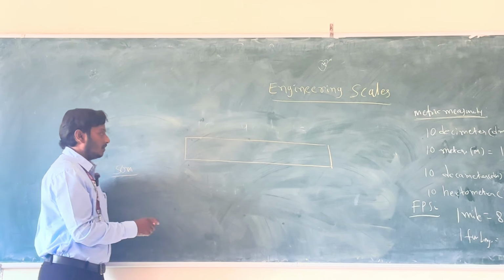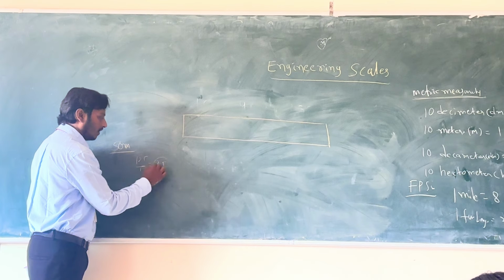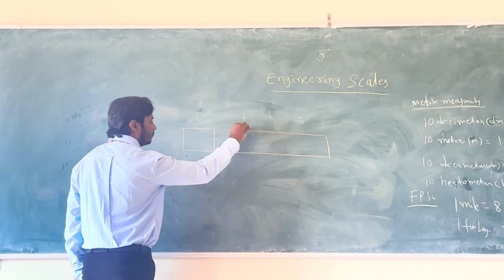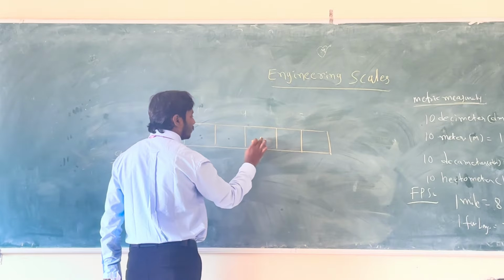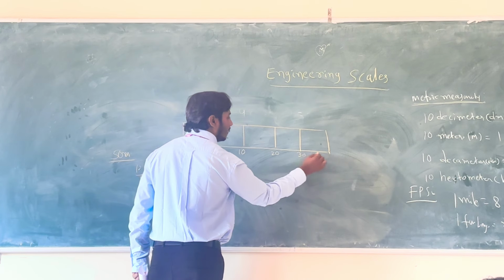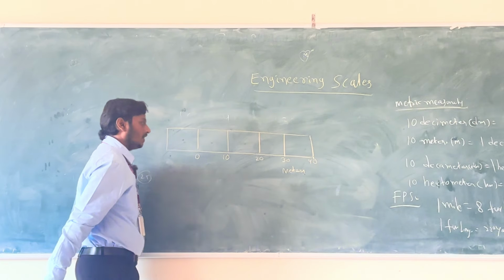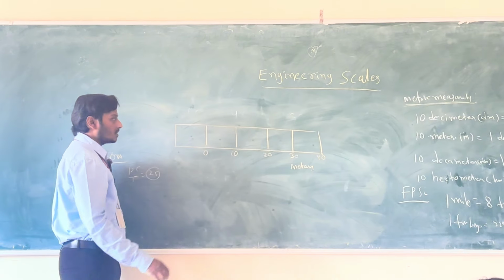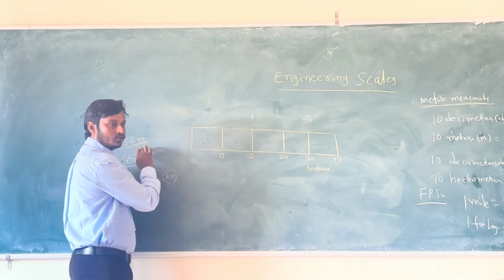How to divide this? 125 by 5 equals 25. Next, 1, 2, 3, 4, 5. Mark 0, 10, 20, 30, 40 meters. The first division is divided into 10 equal parts, because you have to find 36 meters on your scale: 30 plus 6 equals 36 meters.